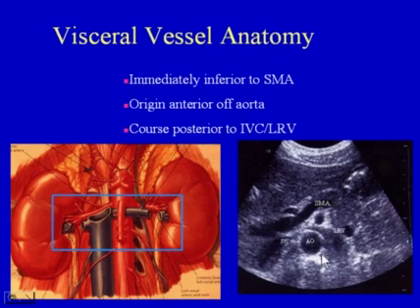When we look at the image, by placing the transducer subxiphoid in a transverse view, it's best to use the SMA as your landmark. Usually you can see the bright echoes surrounding the SMA, and then just immediately inferior to the SMA, you will see the left renal vein crossing anteriorly over the aorta.